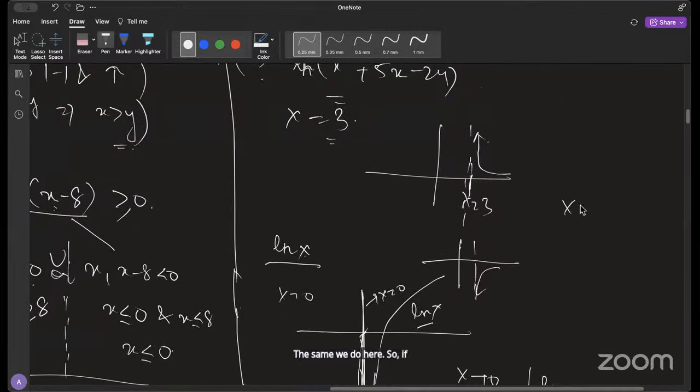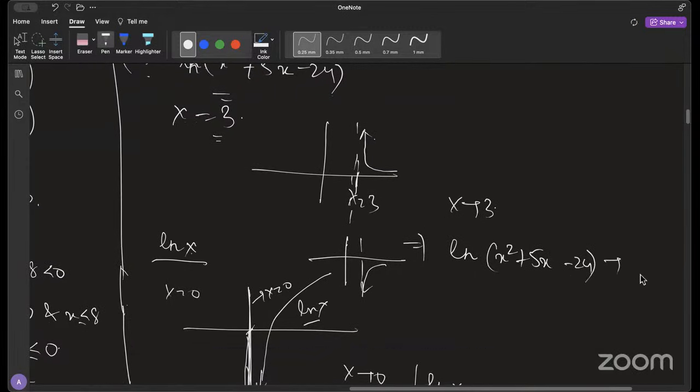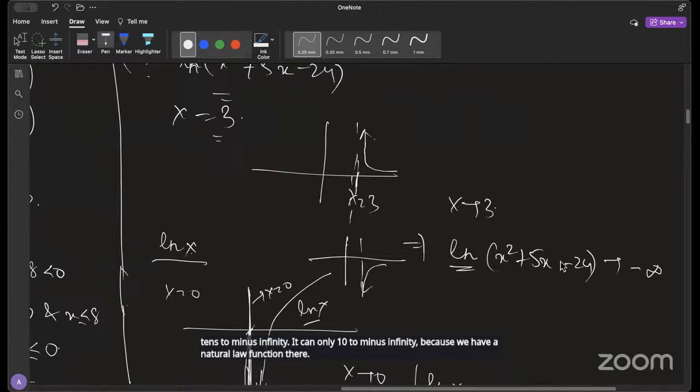So if our x tends to 3, this implies that your natural log of x square plus 5x minus 24 tends to minus infinity. It can only tend to minus infinity because we have a natural log function here, right? Or let's have plus minus infinity.